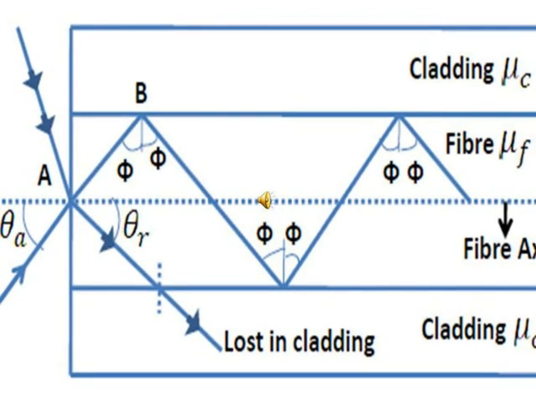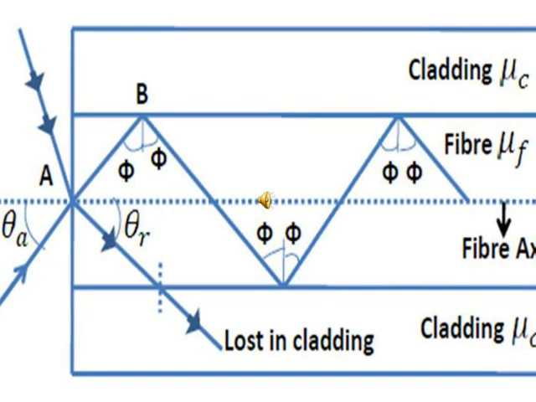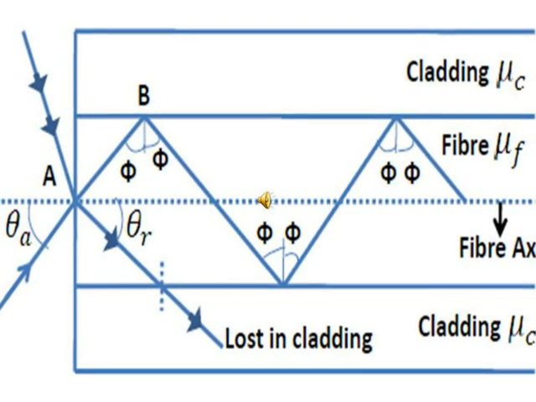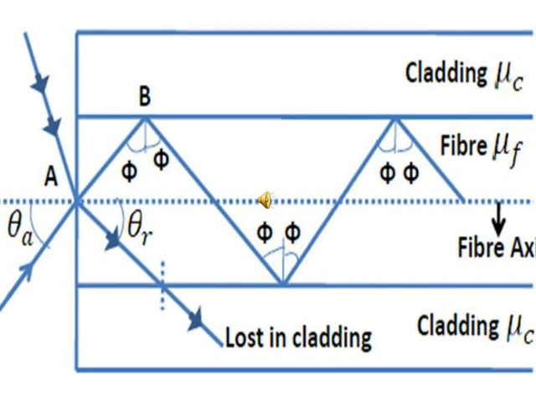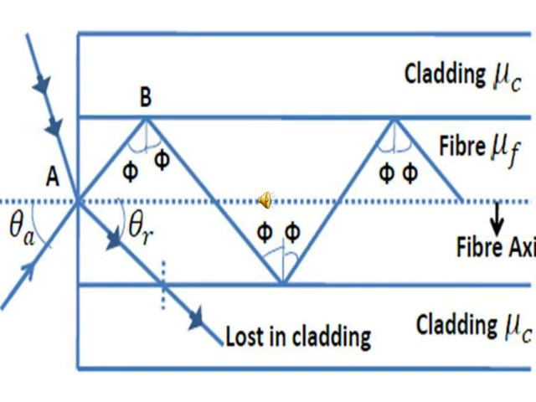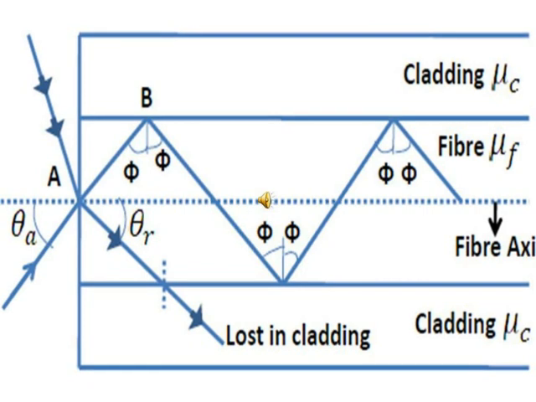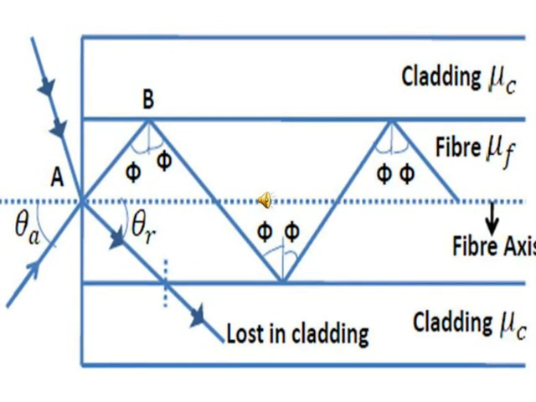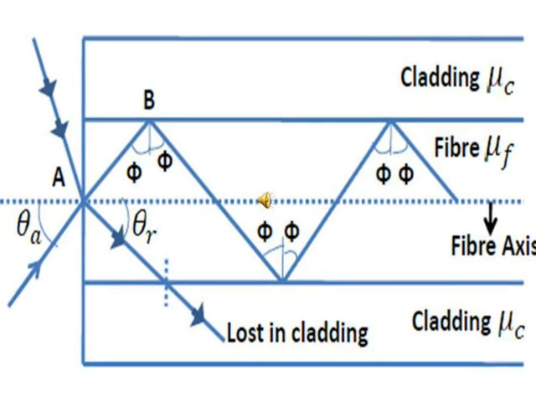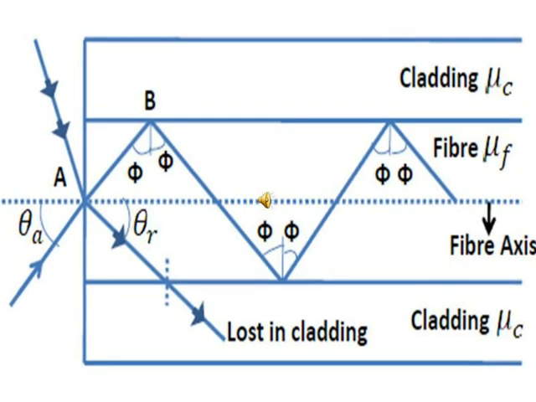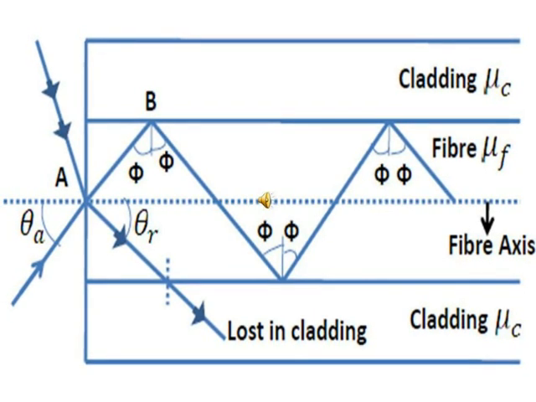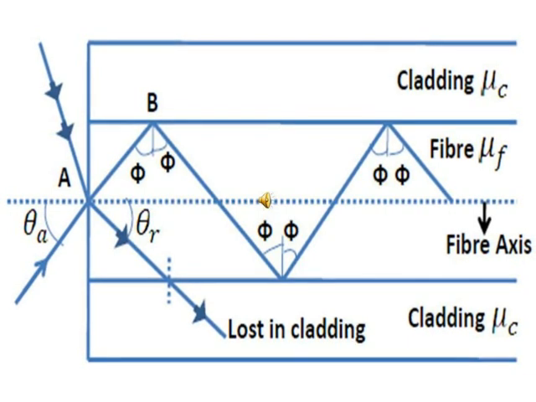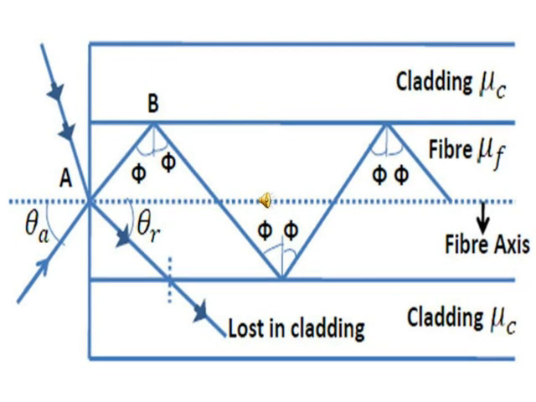Now, when the angle of incidence within the core is greater than the critical angle, it will suffer a total internal reflection. When the beam suffers total internal reflection, it is received at the receiving end without any distortion. The beam is totally internally reflected and transmitted from transmitter up to the receiver with very little distortion.